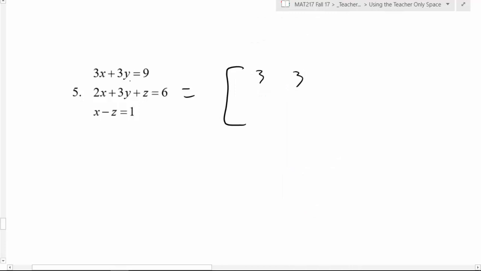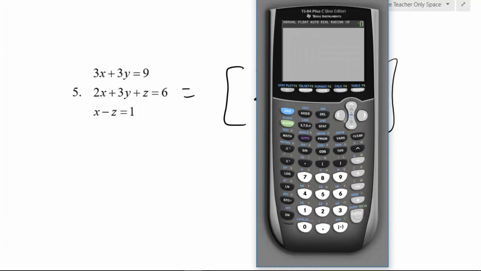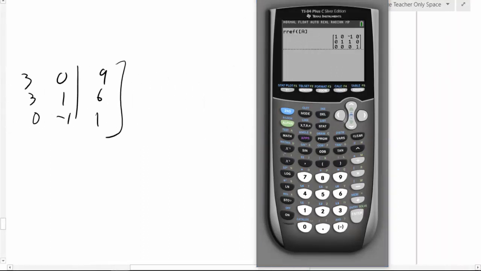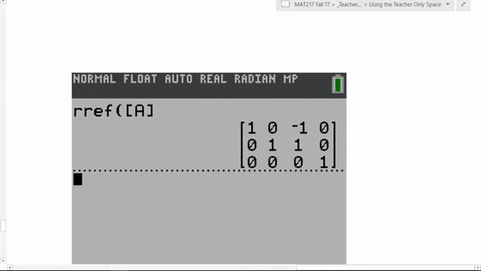Now notice it's X, Y, and Z, so 0, 9, 2, 3, 1, 6, 1, 0, negative 1, 1. When I type that in and do reduced row echelon form of that, we get that as our answer. Okay. So how do we interpret this?